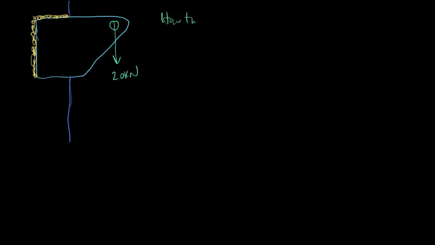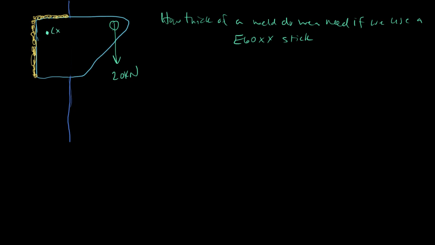So how thick of a weld do we need if we use an E60 stick for stick welding? The first thing we need to do is find the centroid of the weld group, X hat, Y hat, because what we're going to do is move this force over to that.